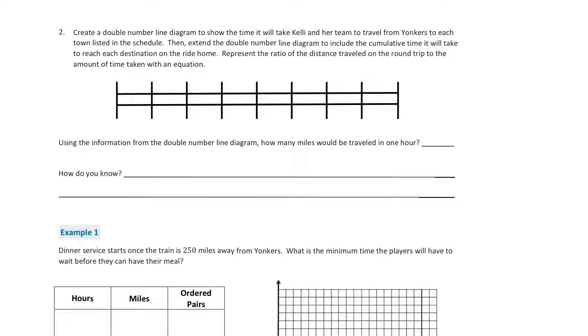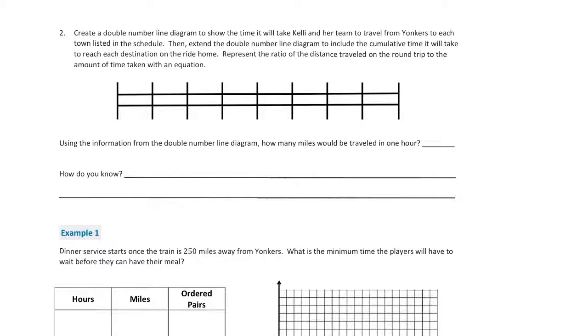So after we create the ratio table, another thing we can do is represent this information on a double line graph. And that's all it's asking you to do in part 2. So in the double line graph, we just have to remember to label the top part of the graph and the bottom. So I'm going to put on the top here the time, which was in hours. And then the bottom was distance, which is measured in miles.